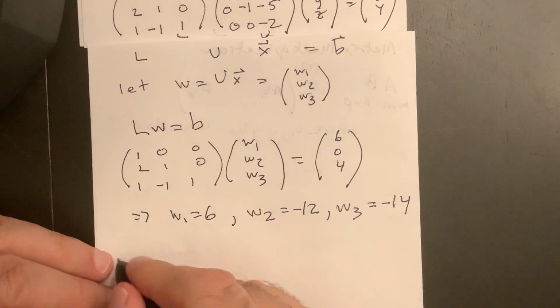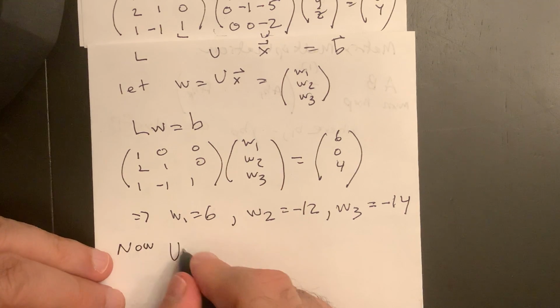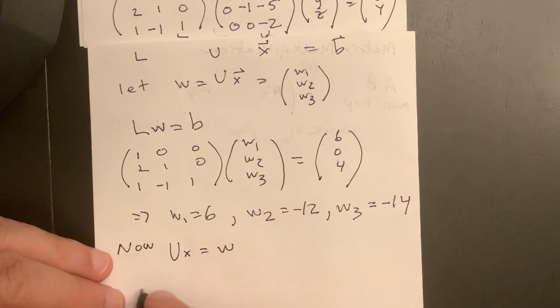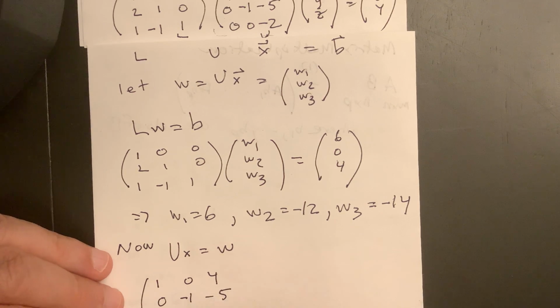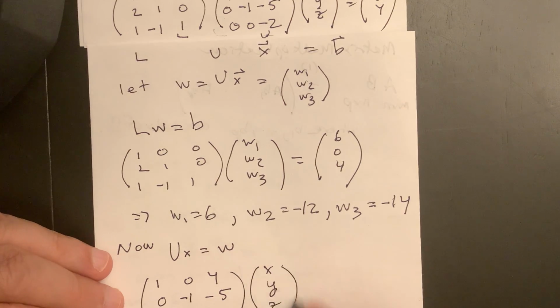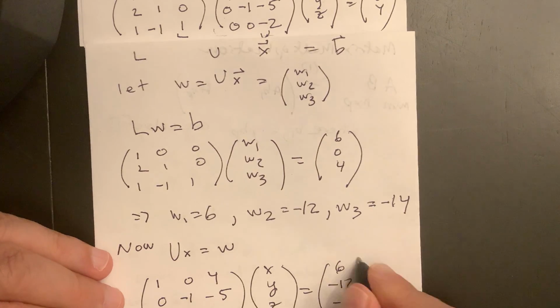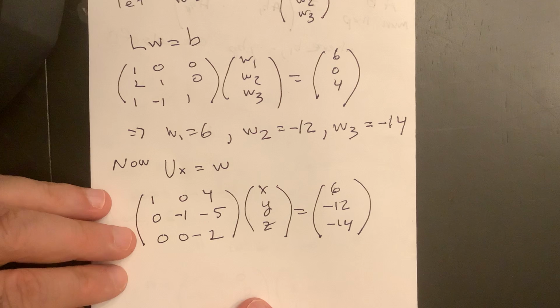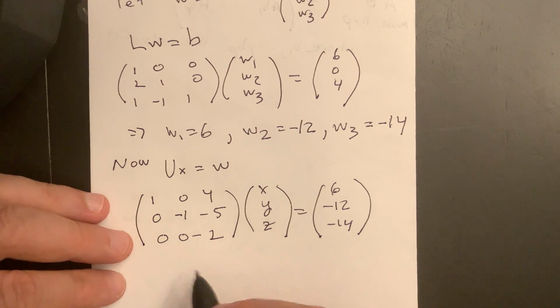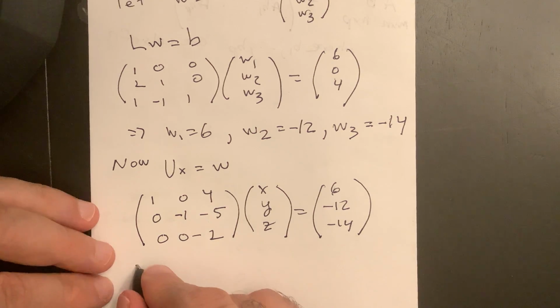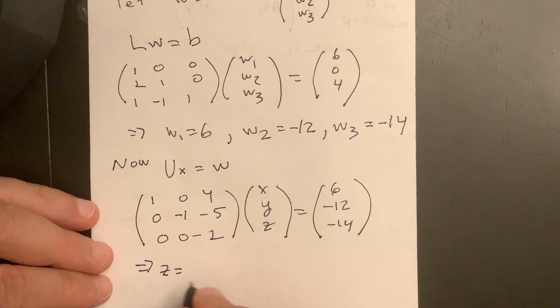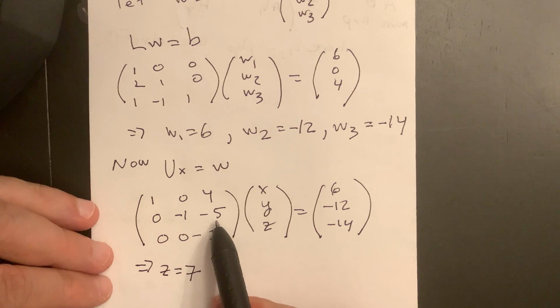So now I have UX equals W. So U was 1, 0, 4, 0, minus 1, minus 5, 0, 0, minus 2, times X, Y, Z equals W. So that's 6, minus 12, minus 14. Okay, well now this is official true back substitution, and we get this equation, Z, it's immediate. Z is 7. Okay, I get minus 35.